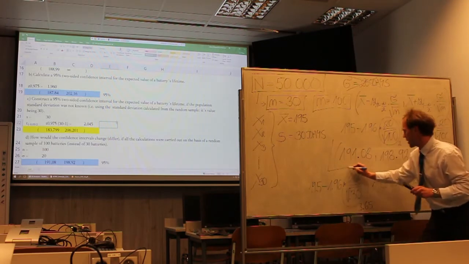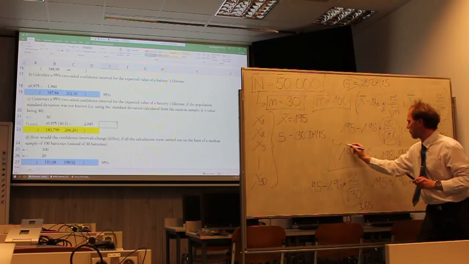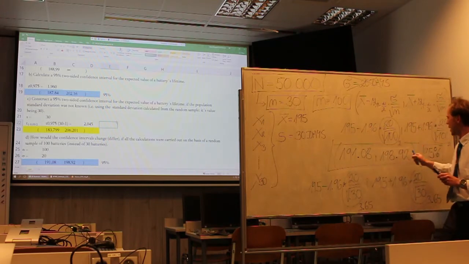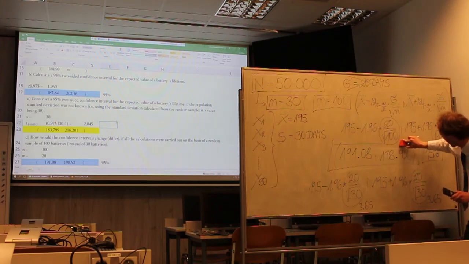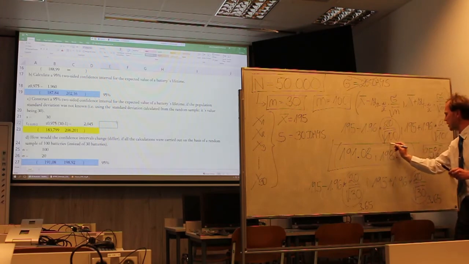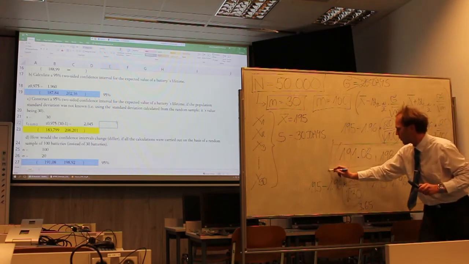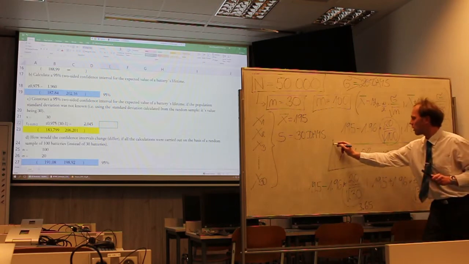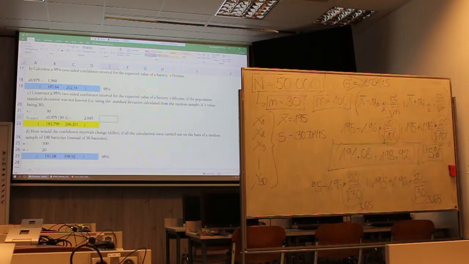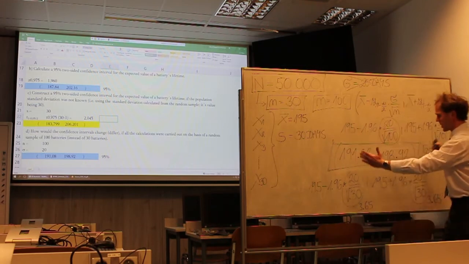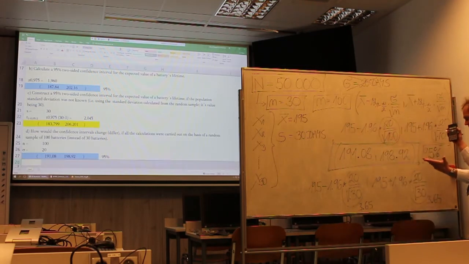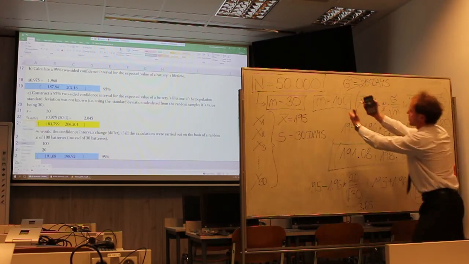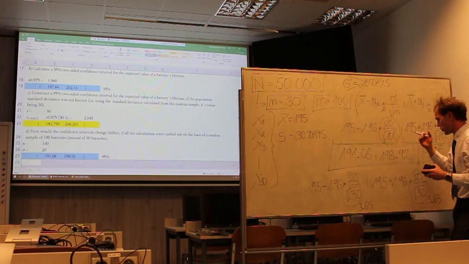So this is the 95% two-sided confidence interval. If we use a random selection of 100 batteries, it is tinier than before, because we have a larger sample in this situation.